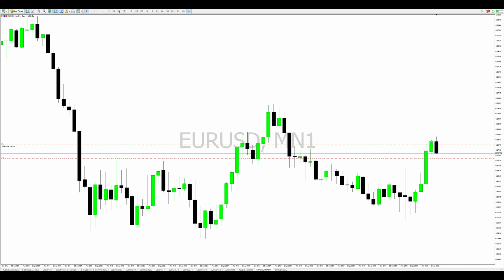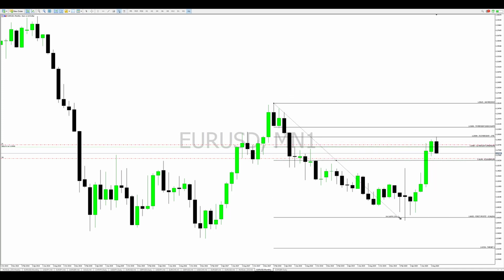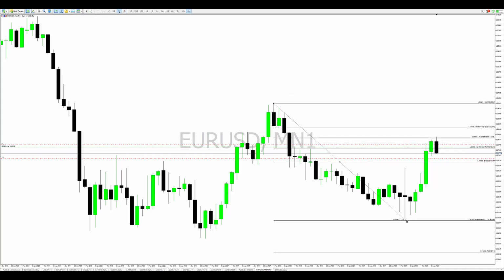Price came back to it at the close of August. And if you grab your fibs from this high to this low here, you can clearly see where the optimum trade entry is coming in at, right there.